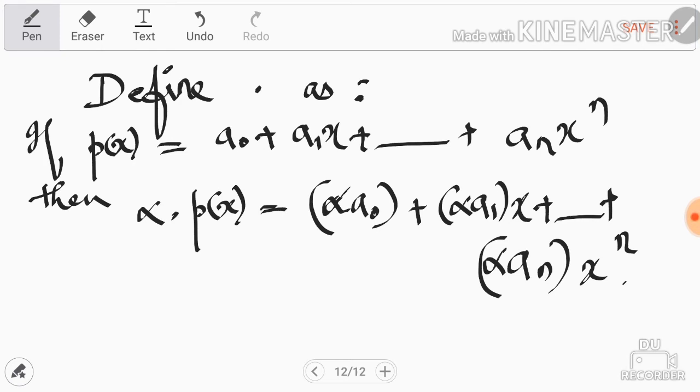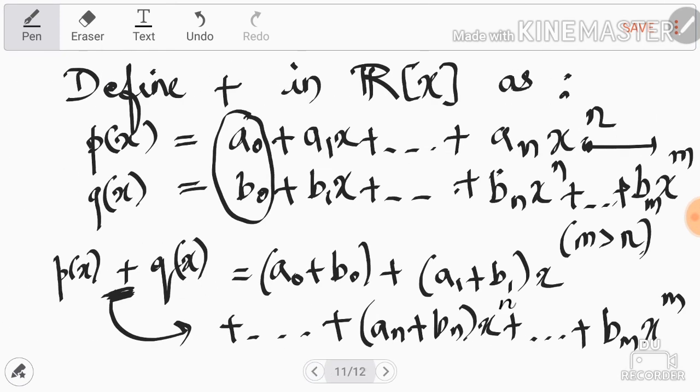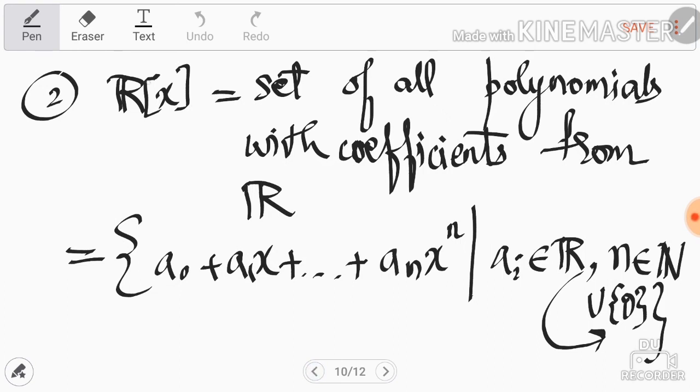So you can see that these two operations defined on this set R[x] will satisfy all the 10 conditions that we just saw.